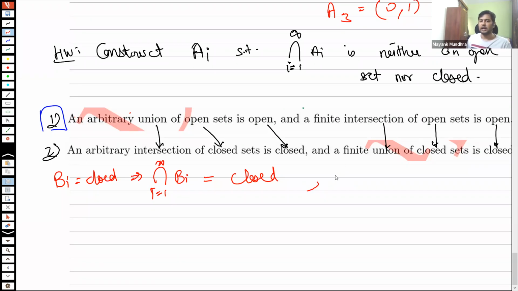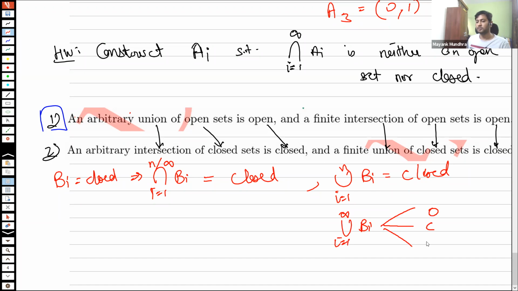And a finite union is going to be closed, whereas, no, so finite union, n or infinity. Intersection can be arbitrary. Union for finite, it is closed, but if you have infinite union, then it could be anything, open, closed, or neither.